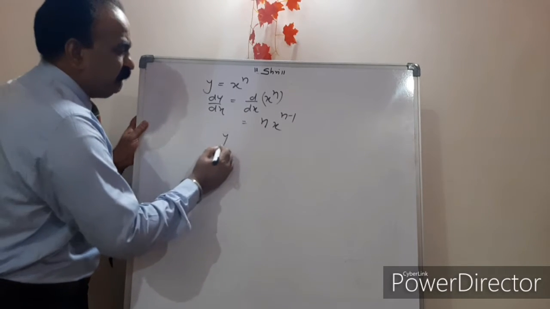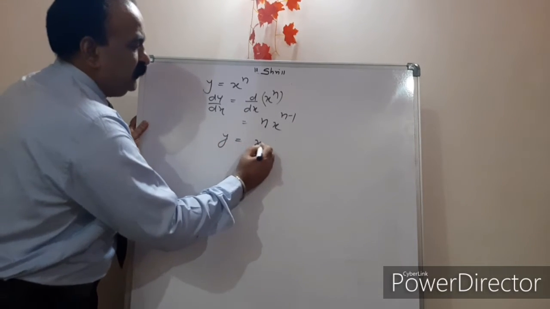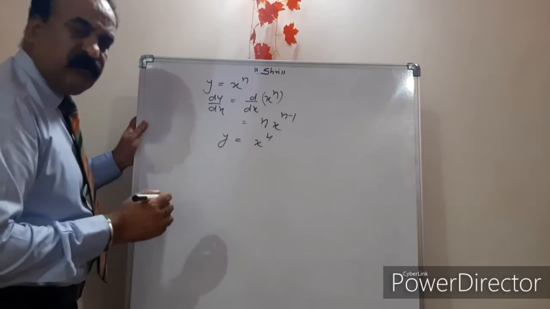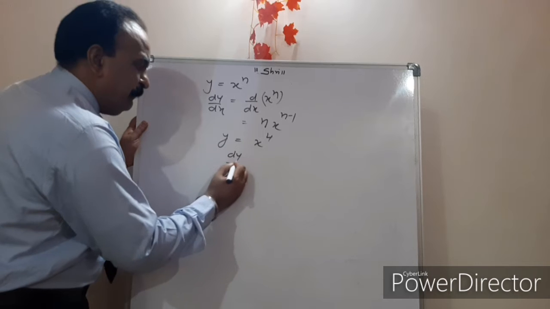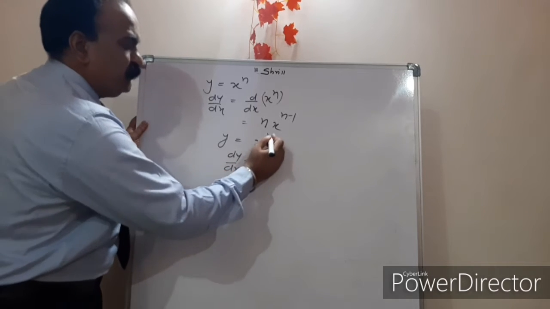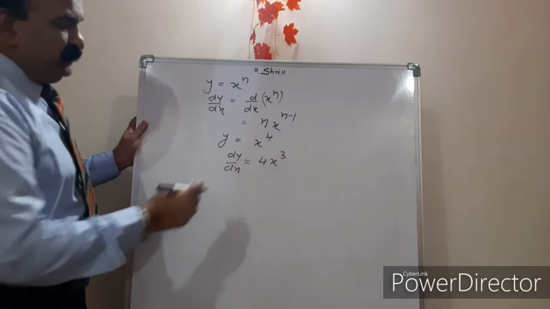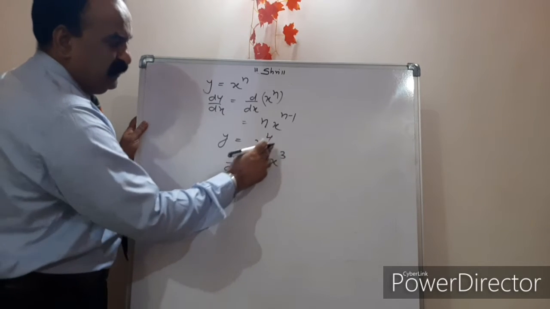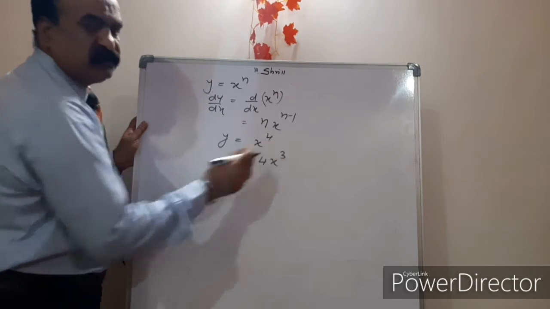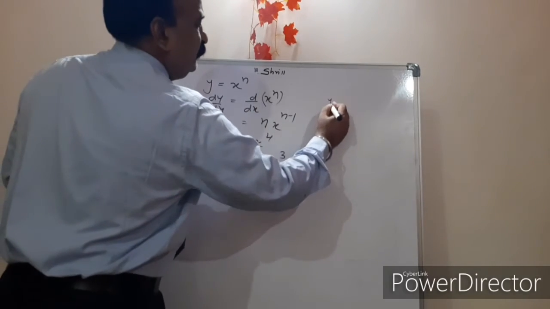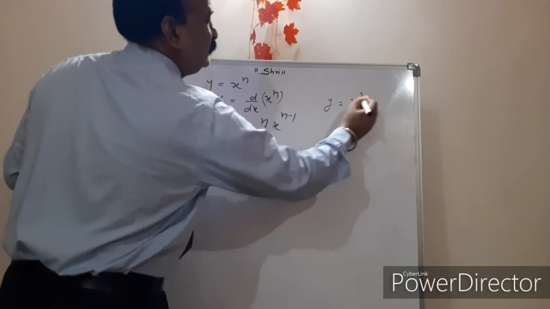Suppose if I am writing here y is equal to x to the power 4. Then if you differentiate with respect to x, it means dy by dx is equal to 4x to the power 3. 4 will be here and 1 is subtracted, it means 4x cube. Is it clear? Now suppose y is equal to x square.